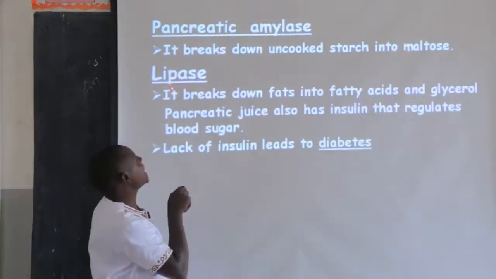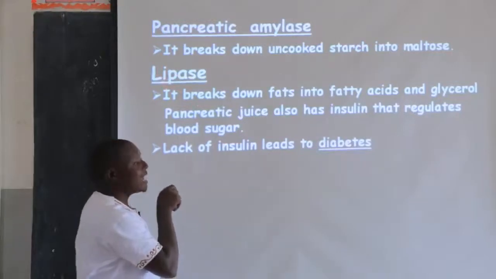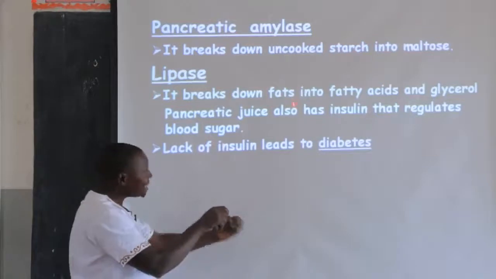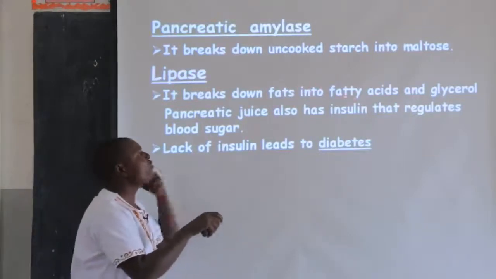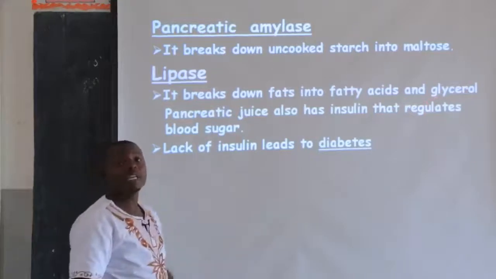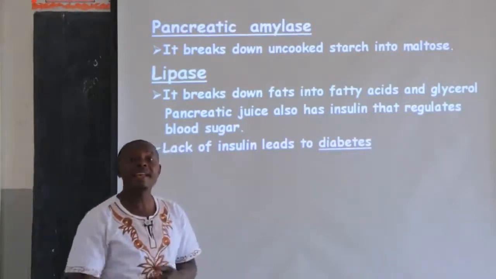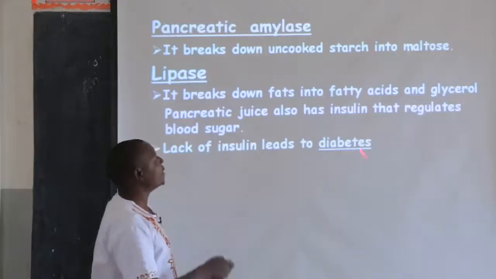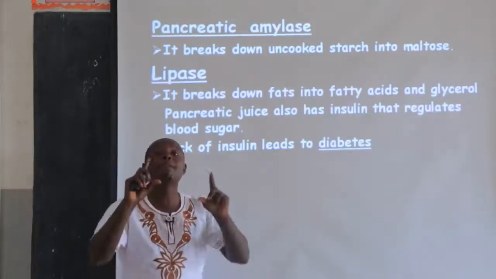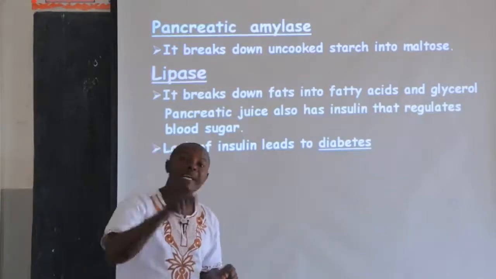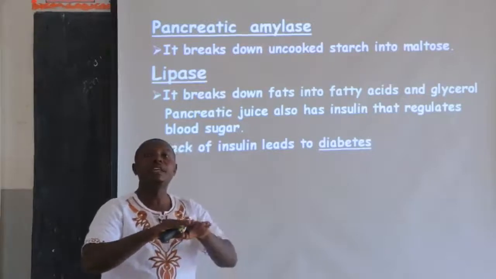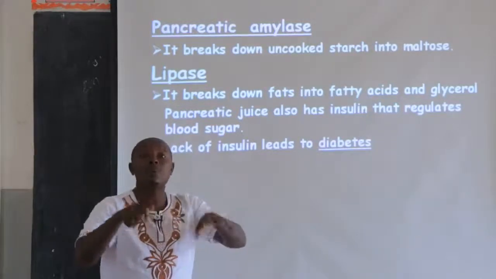Last about the enzymes, the lipase. Lipase breaks down fats into fatty acids and glycerol. I told you in the duodenum, at first I talked about bile juice, which contains bile salts that break down fats in a simple way.